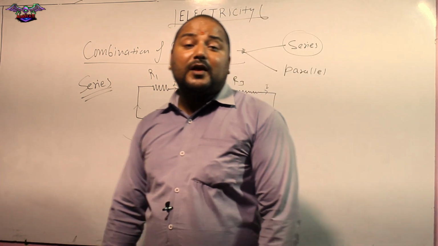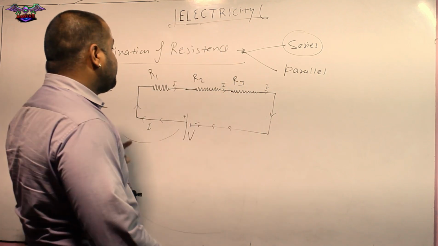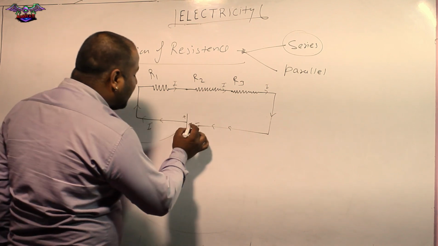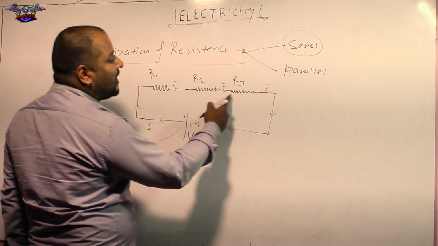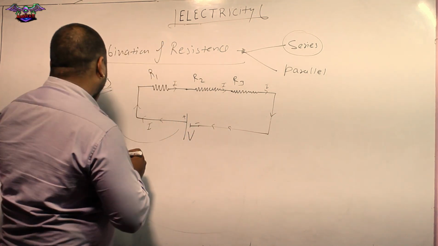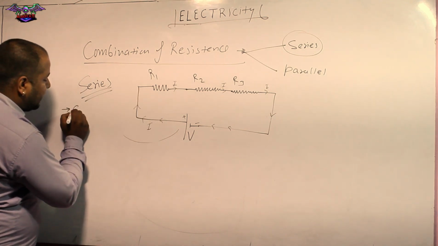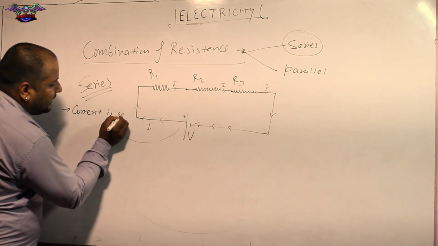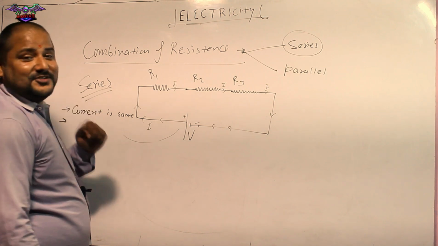So we can recognize whether the circuit is series or parallel by this: if the current is the same throughout the circuit, then these components are in series. That means for series, what is the condition? Current is the same, but voltage is different. How?